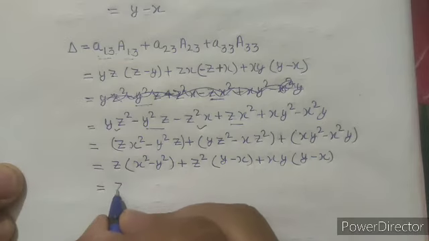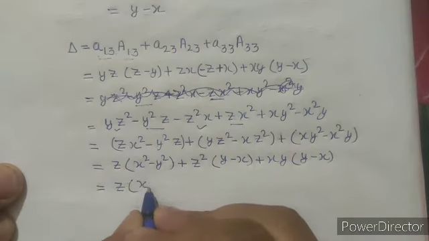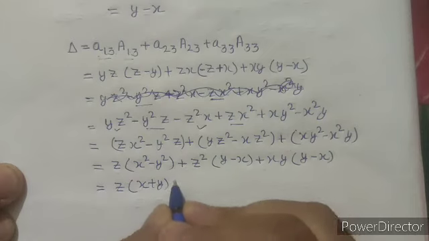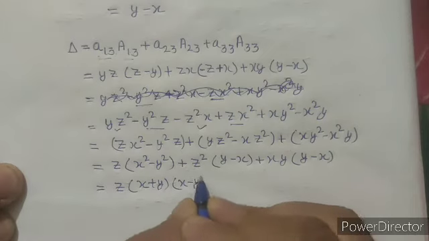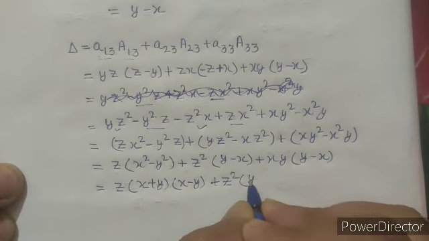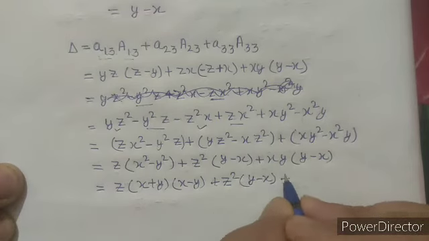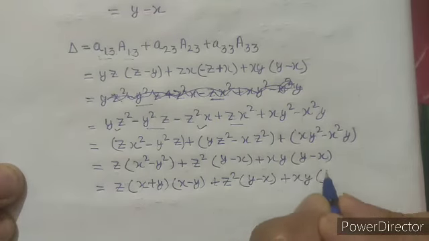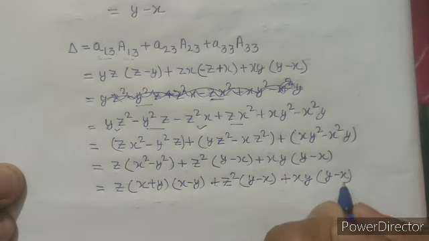Here x square minus y square will be equal to (x plus y) into (x minus y), and the others will remain the same, y minus x plus xy into y minus x.